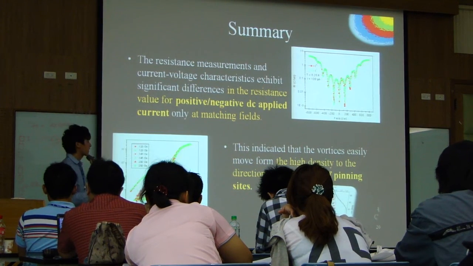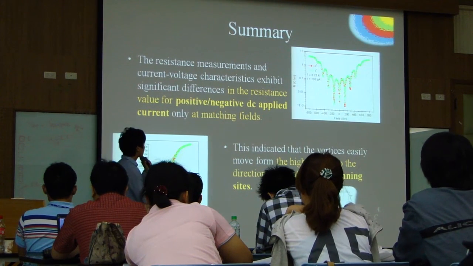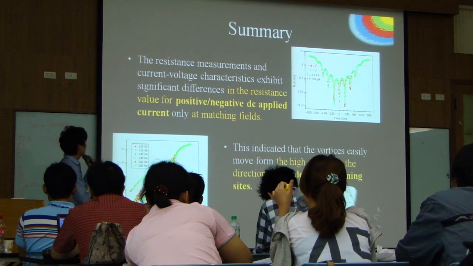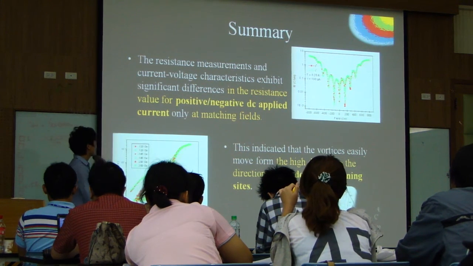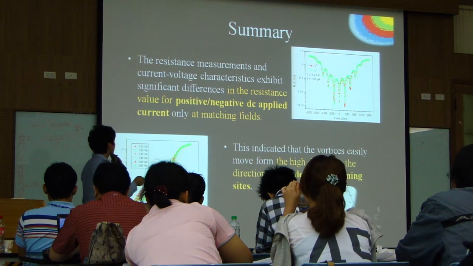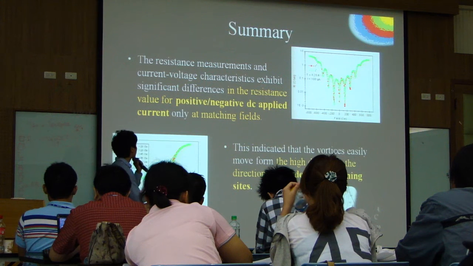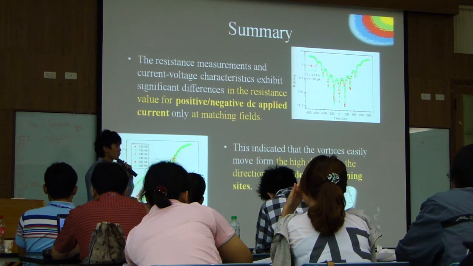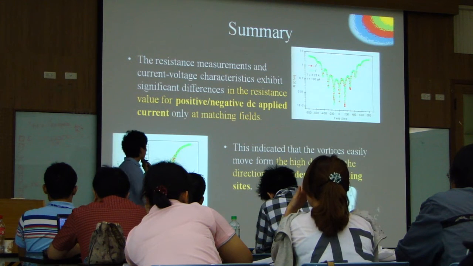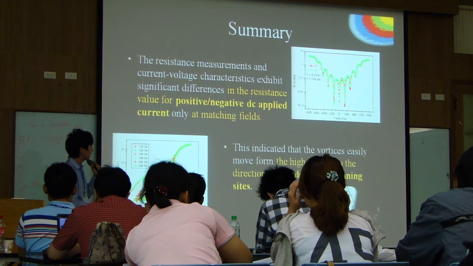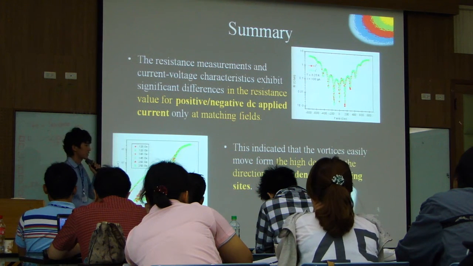We can get some summary from that. First, in the resistance measurement, we find some difference between positive and negative DC applied current only in the measured field. In other fields, you will not find the phenomenon. The other summary is that the vortex tends to move from high density to low density.